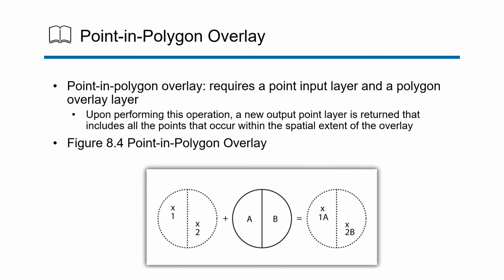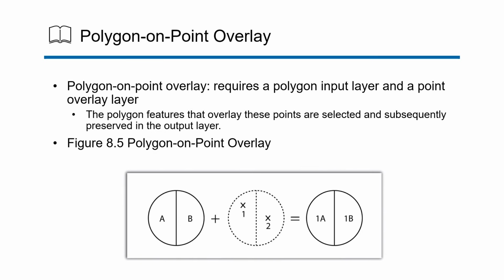So the point data gets the attribute and other information from this overlay. Polygon on point, rather, is different. It will then take the information from the point and add it to the polygon in your output.